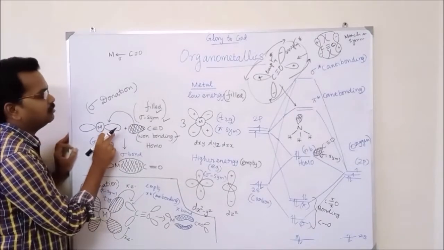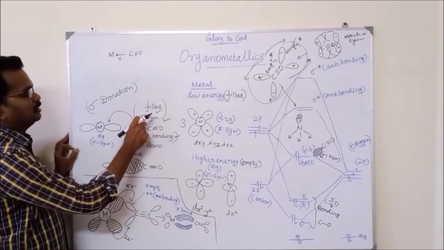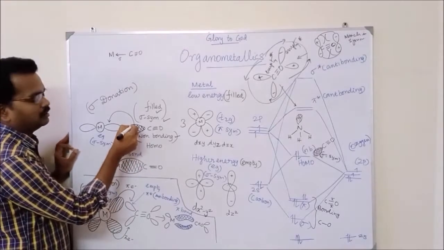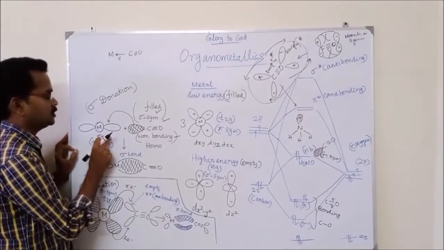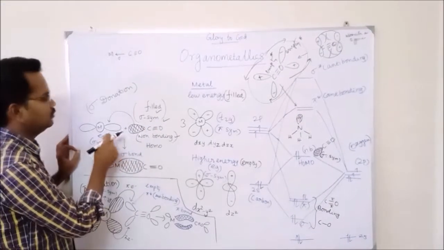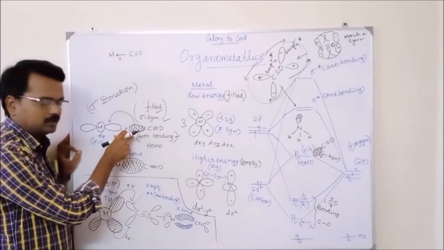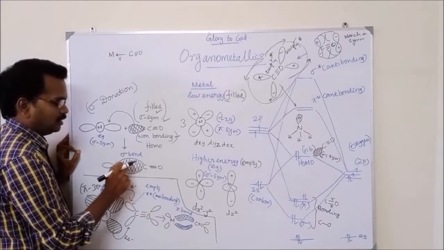To this empty orbital, this filled non-bonding sigma symmetric carbonyl orbital is going to donate its electrons. This also possesses sigma symmetry and that also possesses sigma symmetry. Therefore, both of them will overlap, resulting in the formation of a sigma bond. This is called a sigma bond.